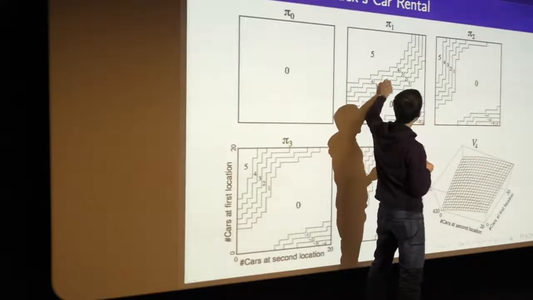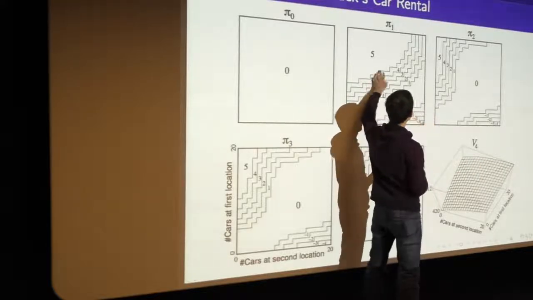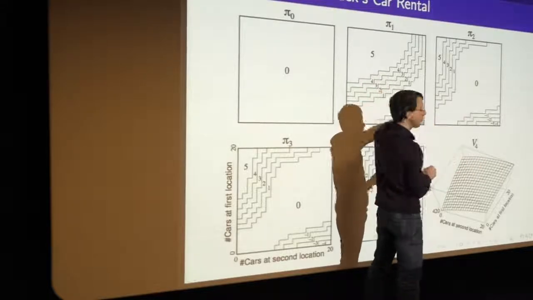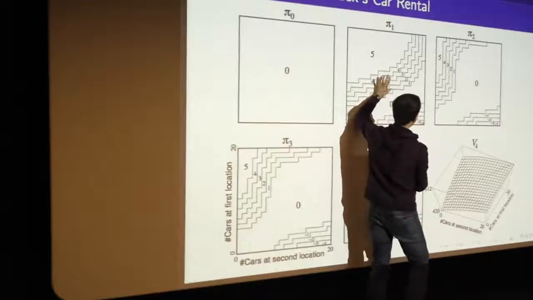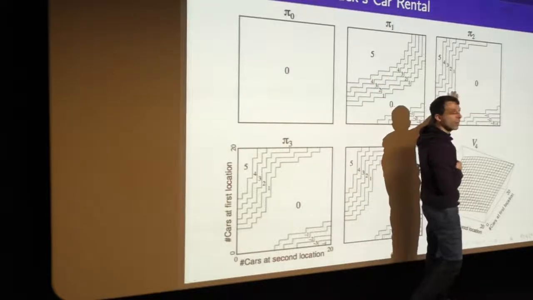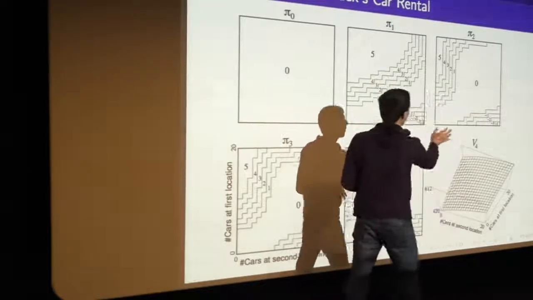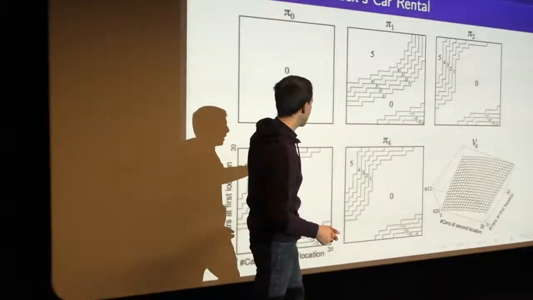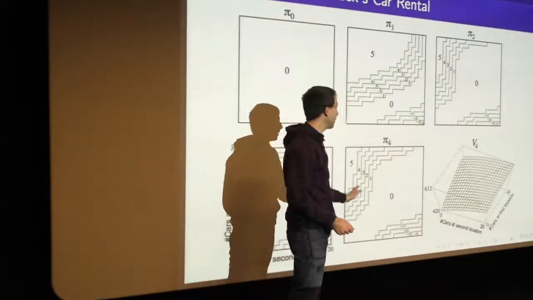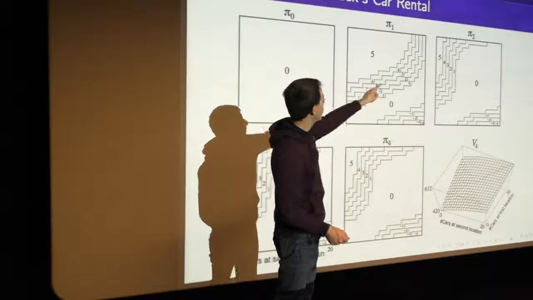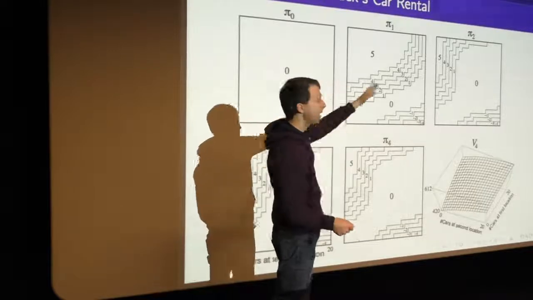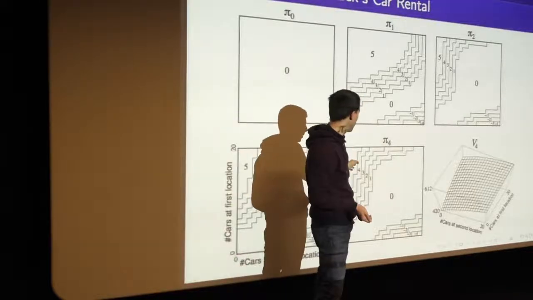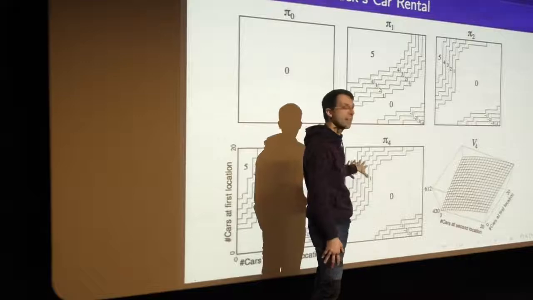We evaluate how much money we think we're going to make by using this value function and doing a one-step look ahead on our current estimate, and that gives us a new policy. Then we evaluate this policy, we come up with a new surface, new policy, new surface, new policy, and after 1, 2, 3, so I guess these 5 policies, on our 5th policy, or the 4th iteration of the algorithm, we already have the optimal policy.